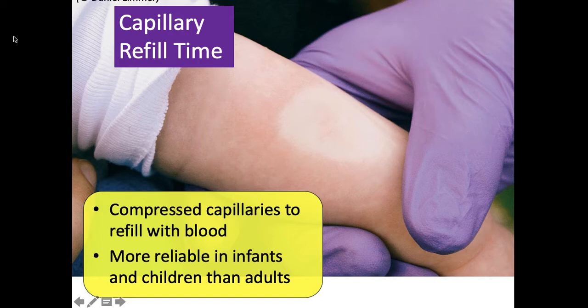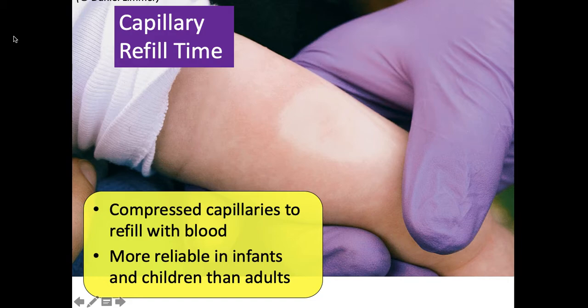On females, it should be less than 3 seconds. And on elderly people, both male and female, it should be less than 4 seconds. So 2 seconds for infants and adult males, 3 seconds or less for adult females, and less than 4 seconds for the average elderly person.